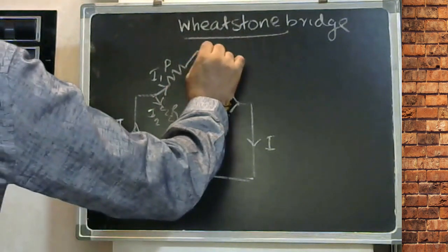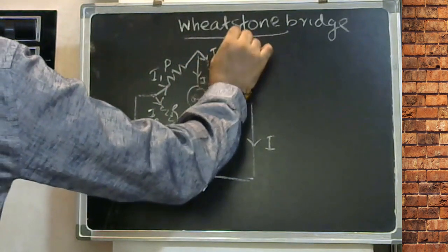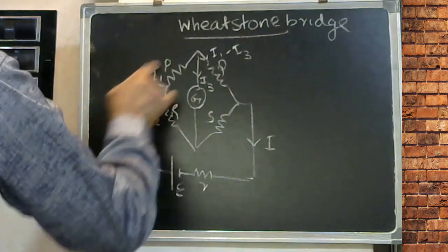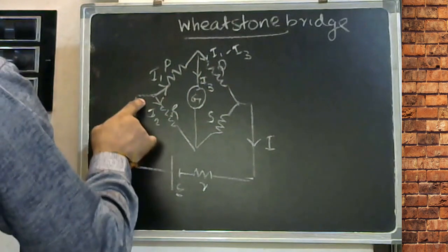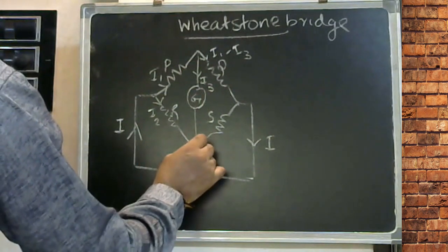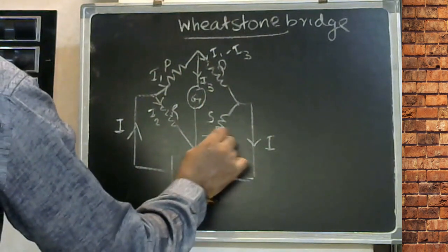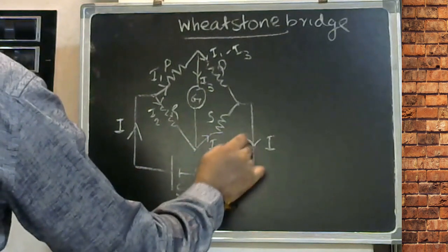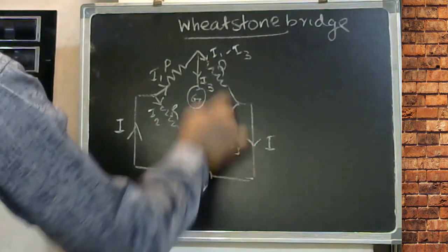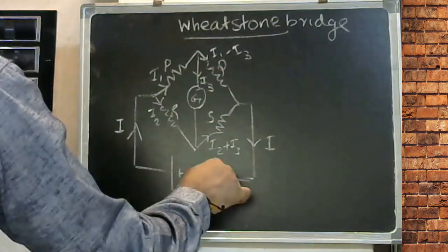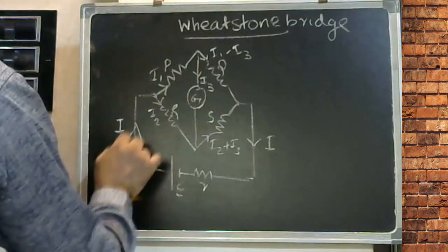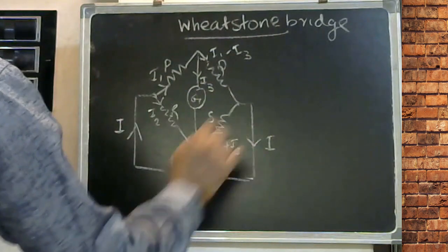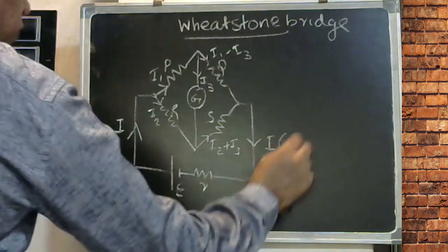So write this as I2 minus I3. I2 comes like this, I3 comes like this, they both meet here. They go together as I2 plus I1 minus I3. I3 and I3 get cancelled, giving I1 plus I2. By the junction rule, I equals I1 plus I2.